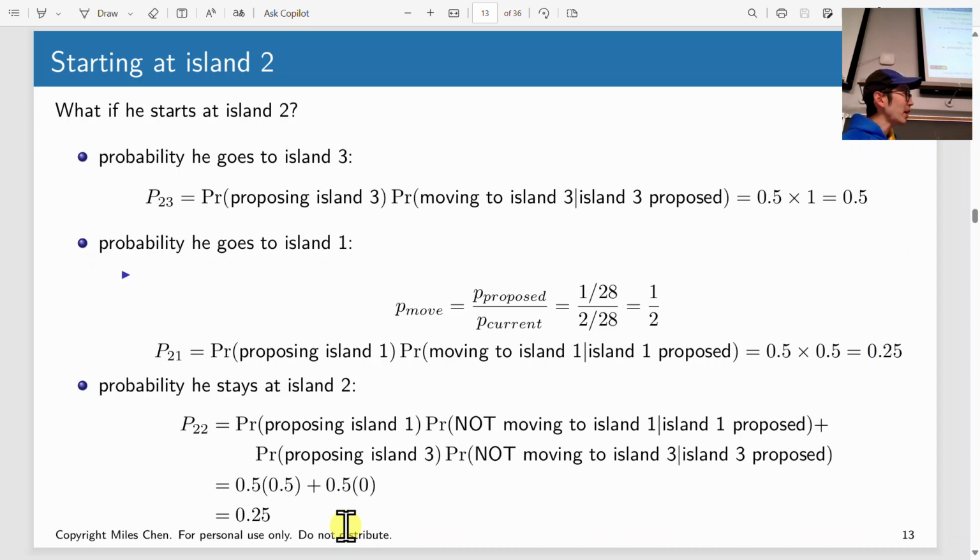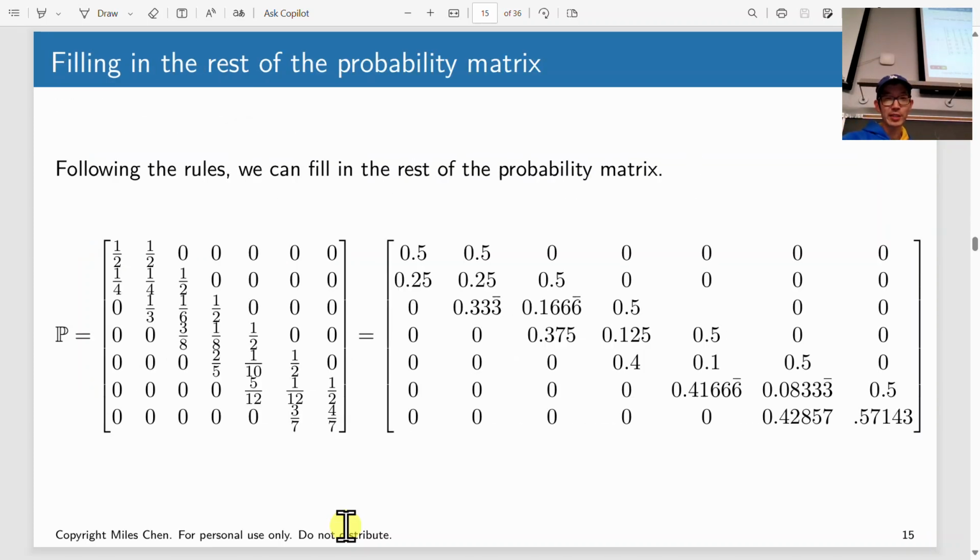It's only week 5, and I know you guys are taking midterms and stuff, but we got a midterm scheduled a couple weeks from now, week 7, and there might be a problem where you have to create your transition probability matrix based on something kind of like this, all right? So as an exercise, the answers are here, but you should go through and try to make sure you can figure out these other rows yourself, okay?